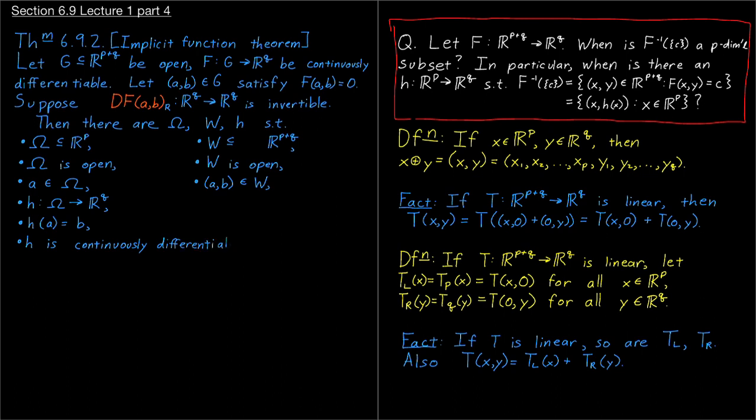So we've got a nice function with the right output at a, and such that we can write this two ways. If x is in omega, then we've got that (x, h(x)) is in W.